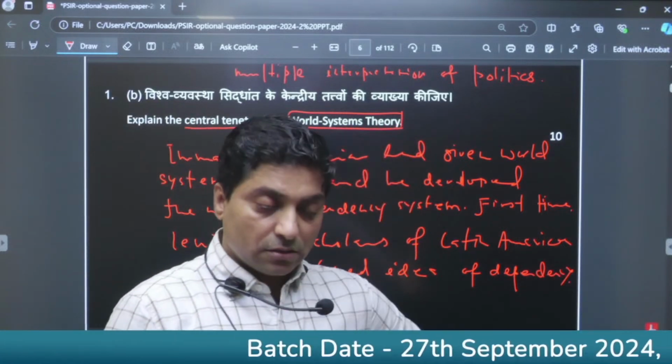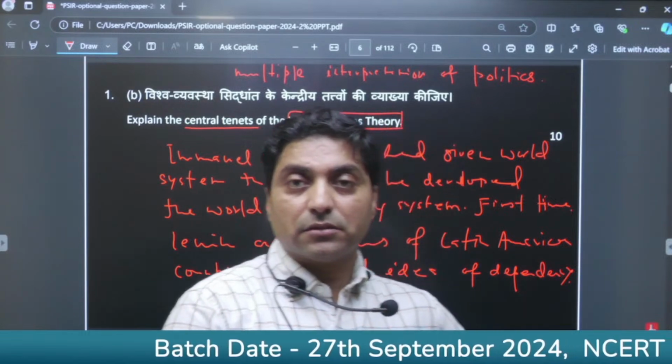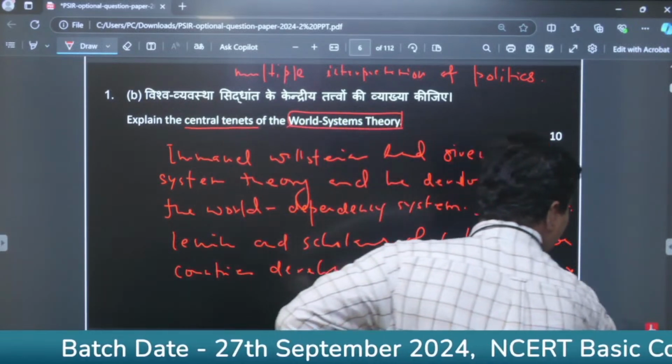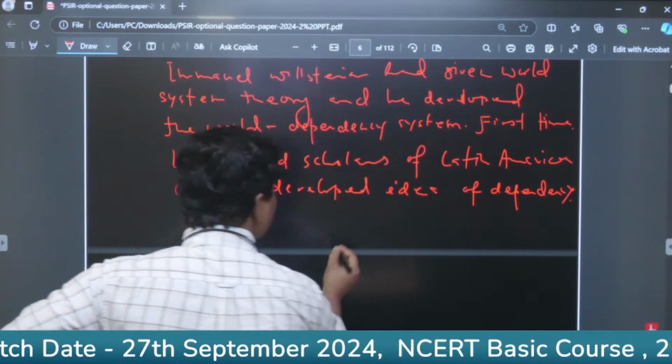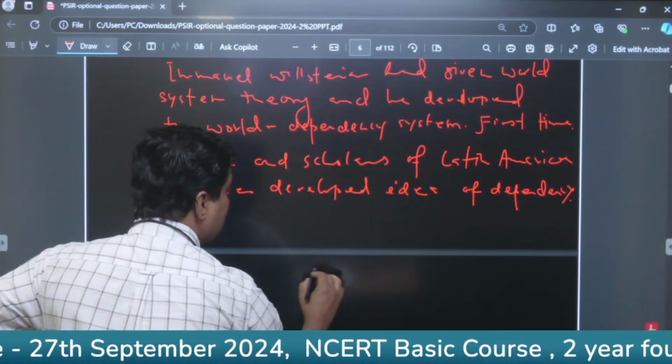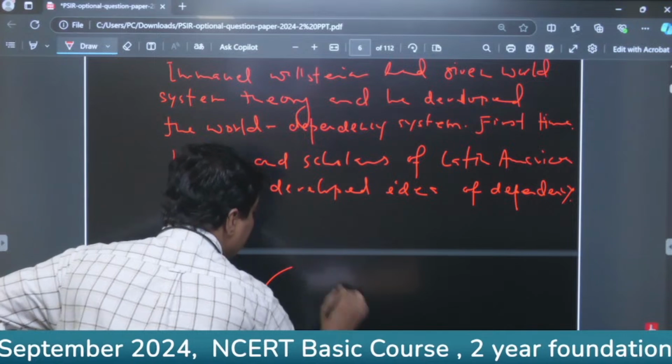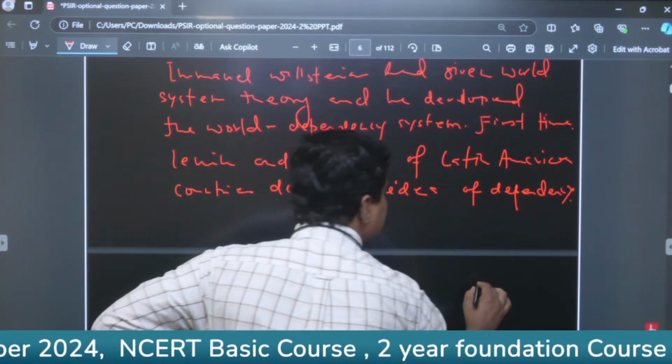Now Lenin and Latin American scholars talked about two structures. One is the core and second is the periphery.